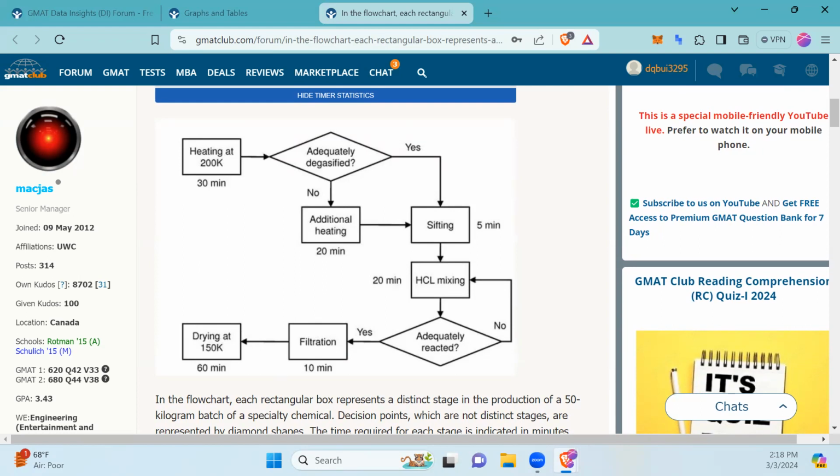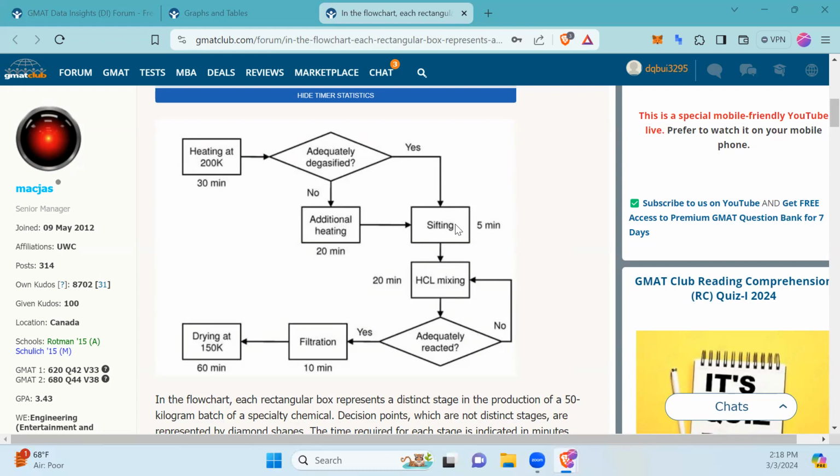It starts with heating. If it's not adequately degasified, it will undergo additional heating for 20 minutes. Then sifting for 5 minutes. But if it's heated already, then only 5 minutes additional.